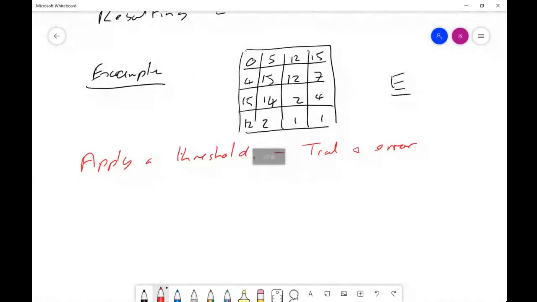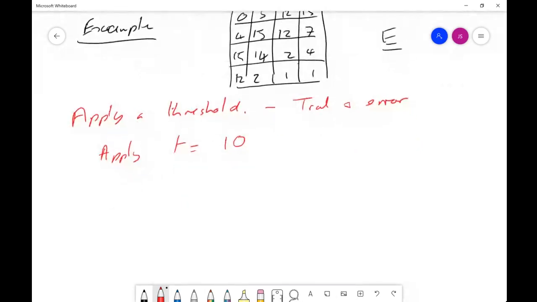And looking at that image, if I think there's an edge there, apply a threshold. Let's apply a threshold T equals 10, which means if it's below 10, it's not an edge. If it's above 10, it is.